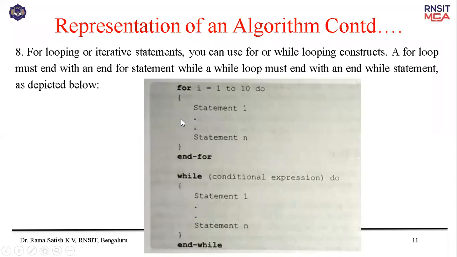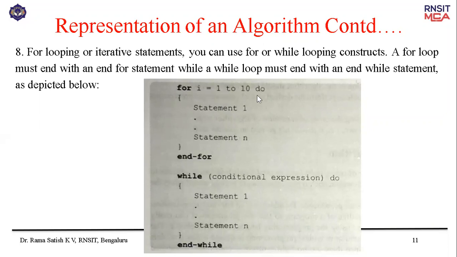Now, similarly, whenever you are writing for loop or while loop, same thing you should have. So you should have end for, and end while. If it is a while loop, end while. If it is for loop, end for. And normally in the for loop, you specify the range.